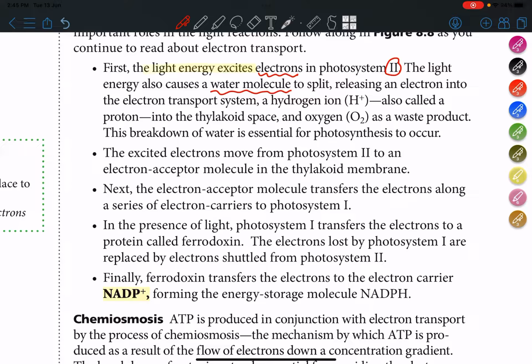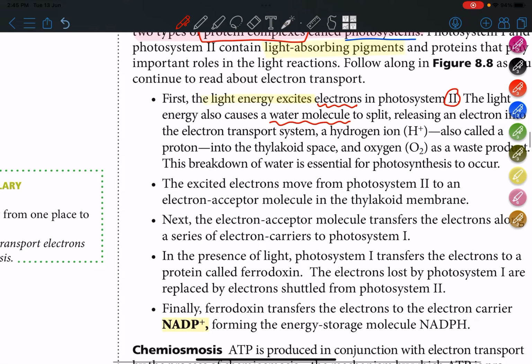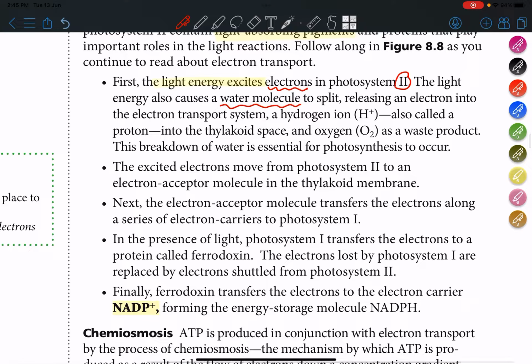Now you have to keep in mind that there are things happening simultaneously, at the same time. So the first step is light energy, the light from the sun, will excite electrons in photosystem 2. So we have some electrons in photosystem 2, and what light energy will do is it'll excite them, right?